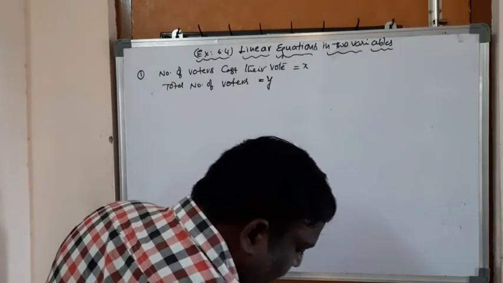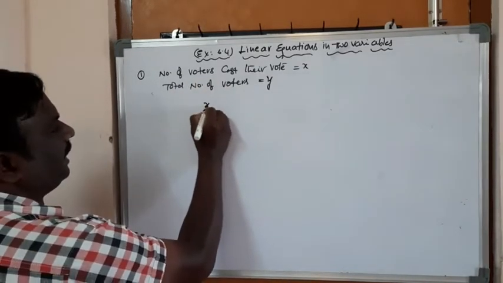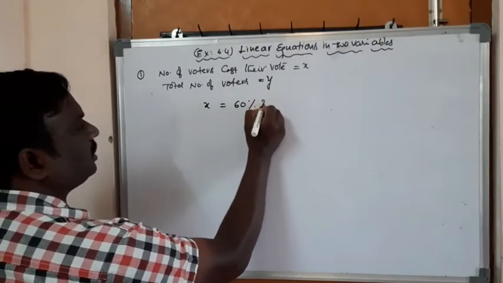60% of voters means the number of voters X equal to 60% of the total number of voters. Total number of voters are how many?